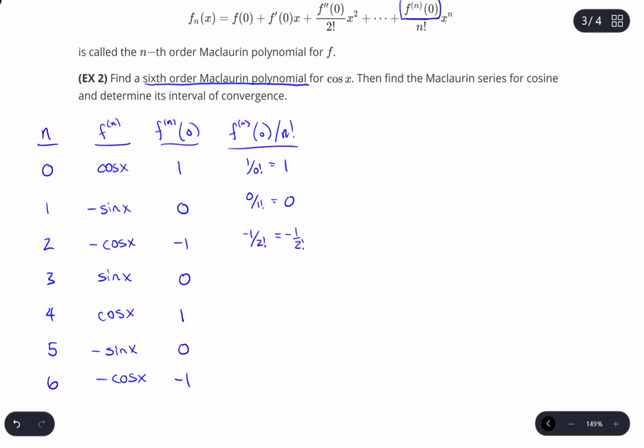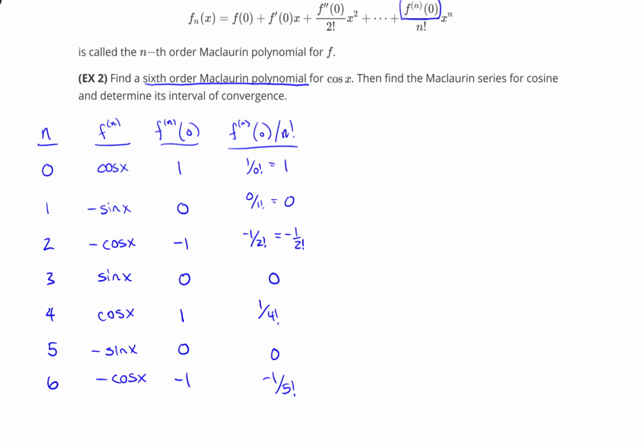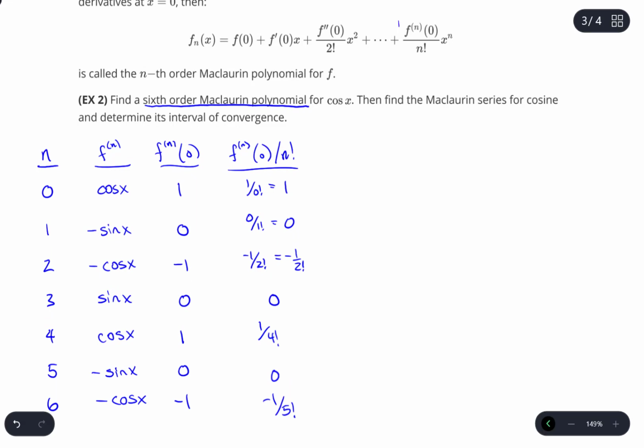If I do need to evaluate these factorials, I can do it later. It's not a big deal. This term, of course, still is going to be 0. And then I'm going to have 1 over 4 factorial, then 0, and then negative 1 over 5 factorial. Okay, so that's the coefficient.